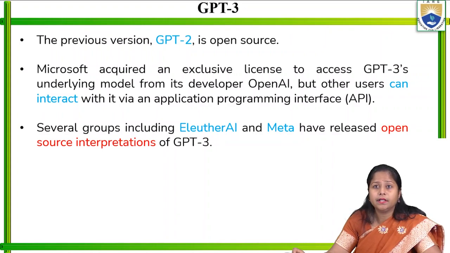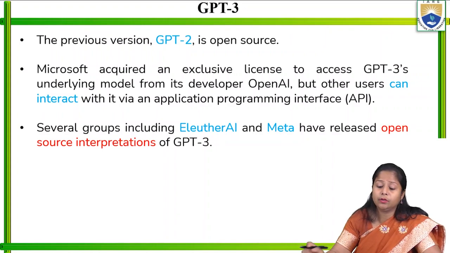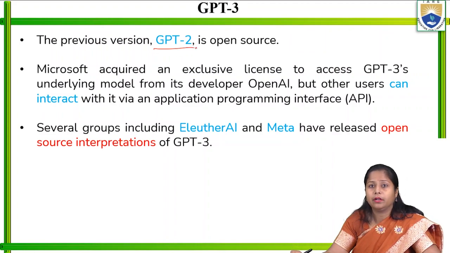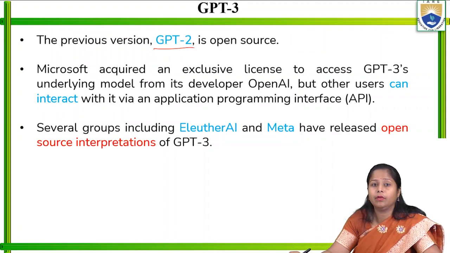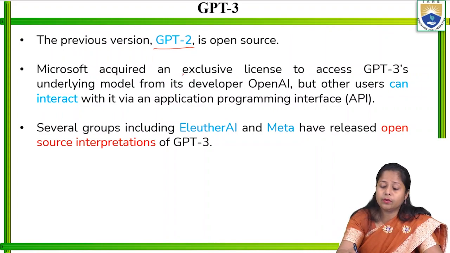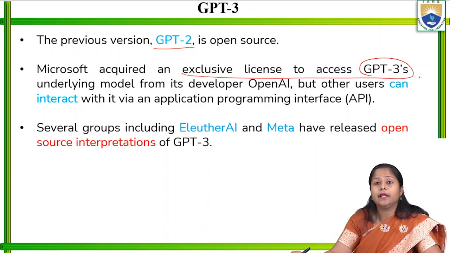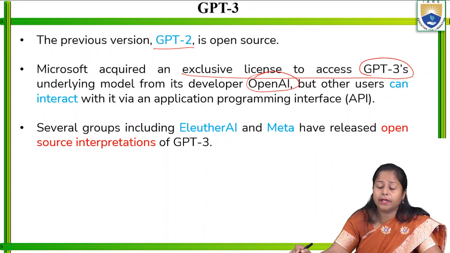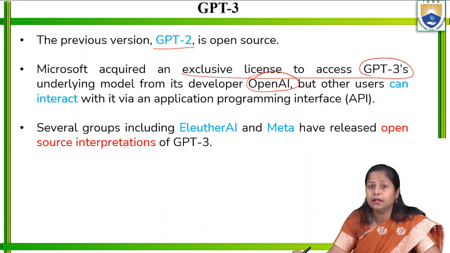In the previous version, GPT-2 was an open source model. Open source means it was easily available, open to all users. They could just download and use it and benefit from the GPT-2 language model. Microsoft acquired an exclusive license to access GPT-3's underlying model from its developer, OpenAI.